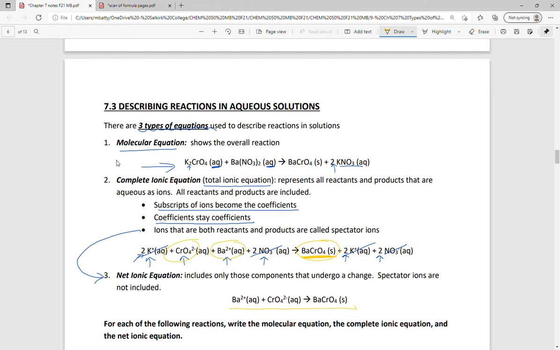So this is really the nugget of chemistry that is causing that chemical reaction, and that is called a net ionic equation. So you're probably familiar with the molecular equations. Blowing everything that's aqueous apart into its ions is the complete ionic equation, and crossing out those spectator ions is how you get to the net ionic equation.